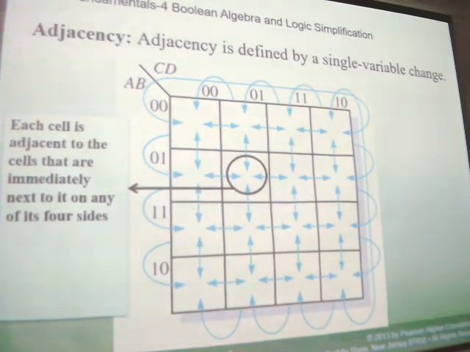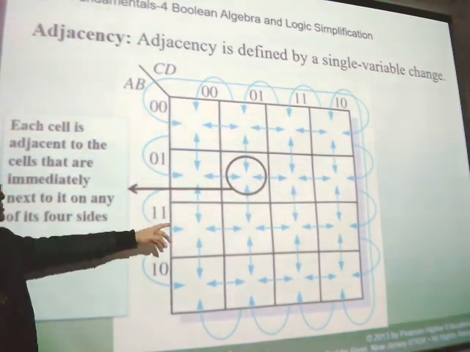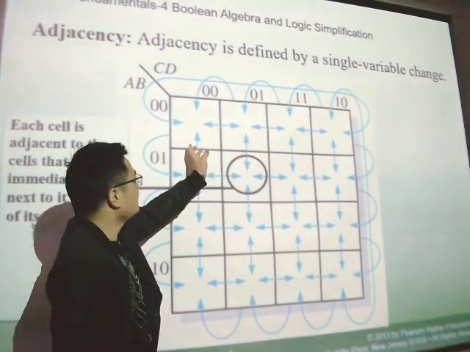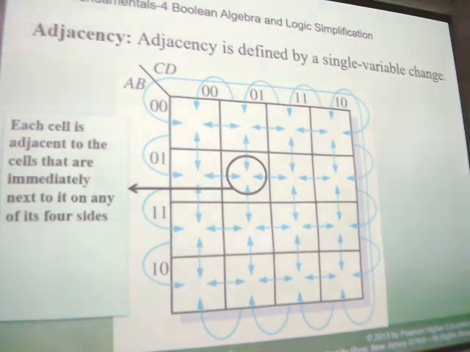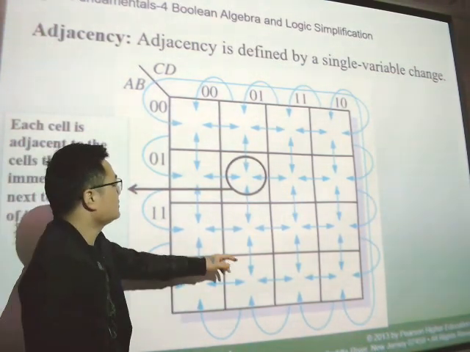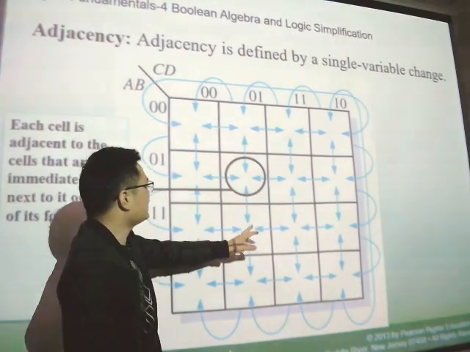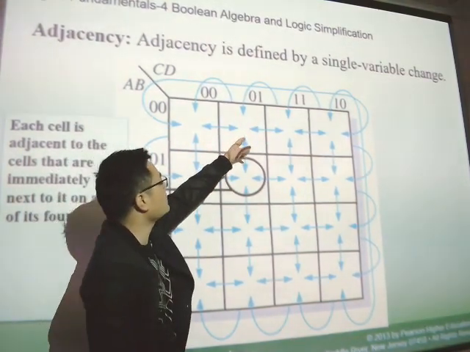For the 4 variable Karnaugh map, each cell has 4 cells next to it: the first cell, the second cell, the third cell, the fourth cell.